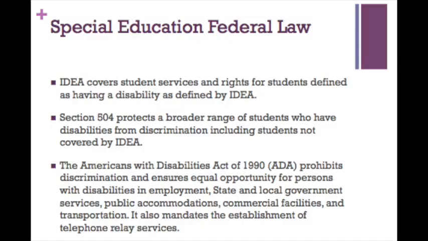Some examples of impairments which may substantially limit major life activities, even with the help of medication, aids, or devices, are AIDS, alcoholism, blindness or visual impairment, cancer, deafness or hearing impairment, diabetes, drug addiction, heart disease, and mental illness.